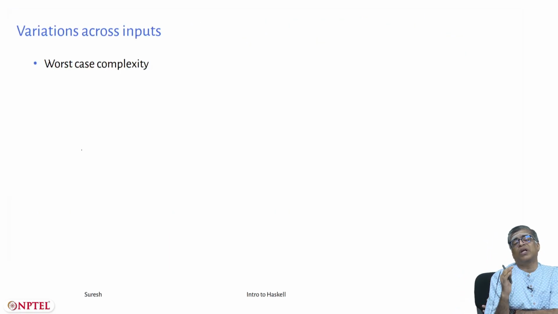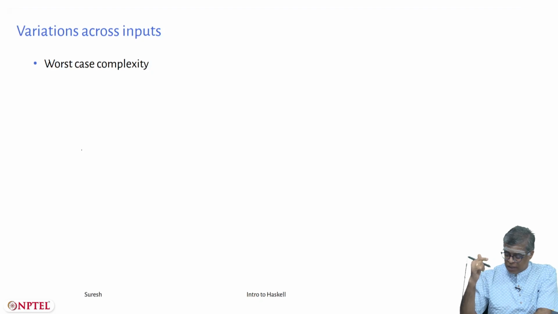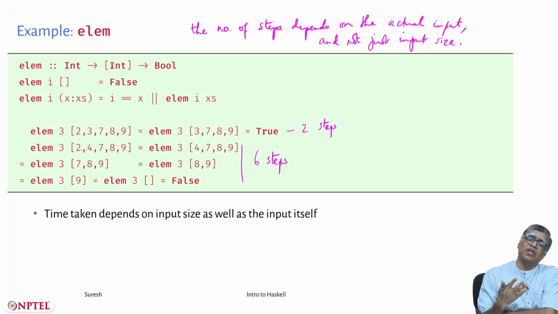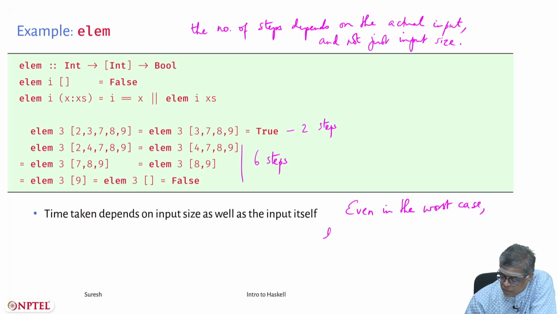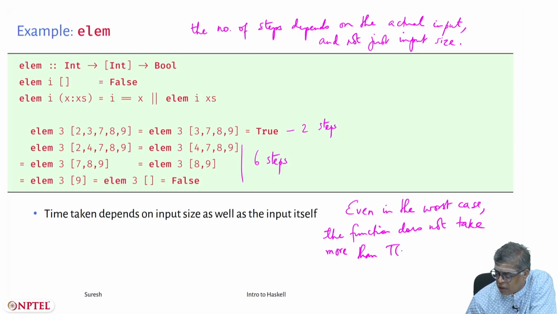So when there are variations across inputs like this, what you want is a worst case estimate. In the very worst case, I will still perform so well. That is what you want to say. Even in the worst case, the function does not take more than Tn steps.